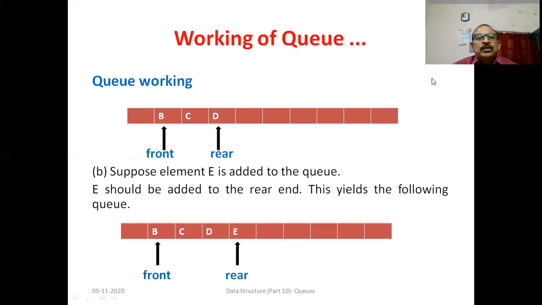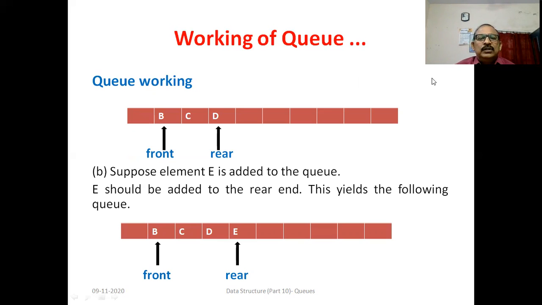Now, suppose we want to add an element E. As we know, the addition operation is performed at the rear end. First, we increment the rear pointer by 1 and put the value of E at that location.